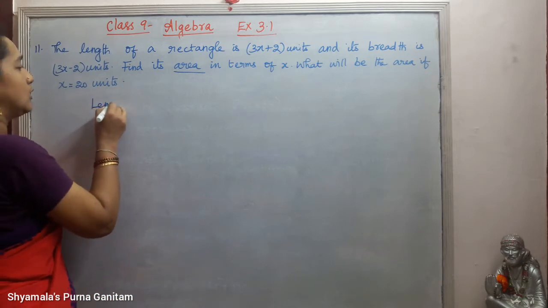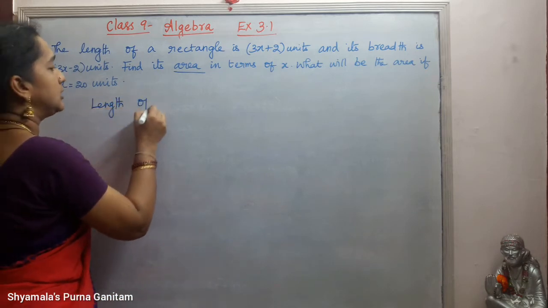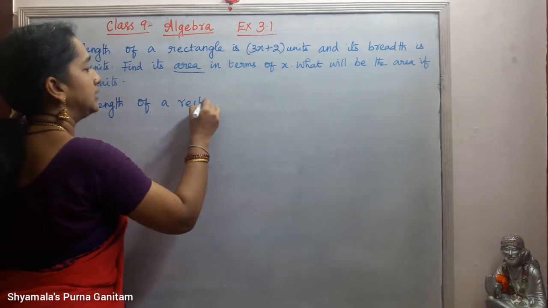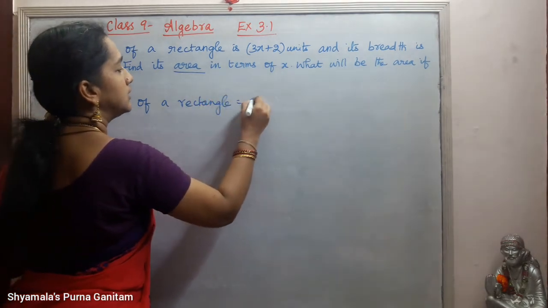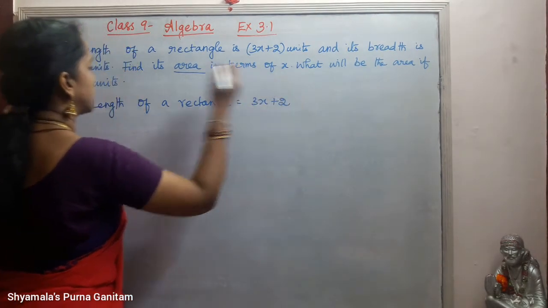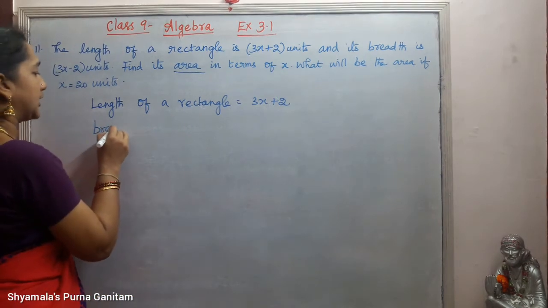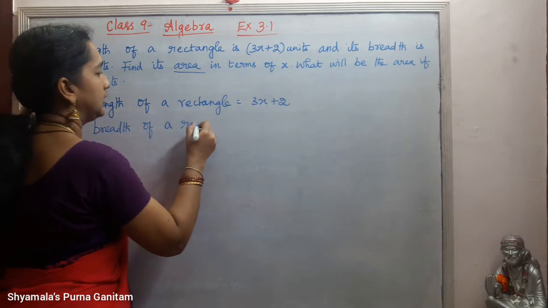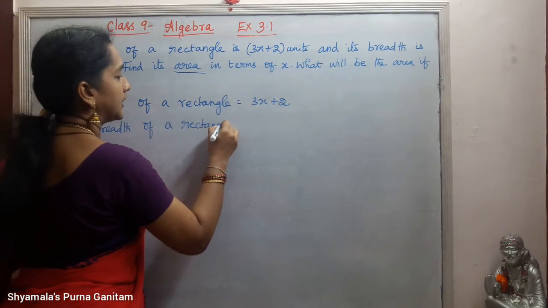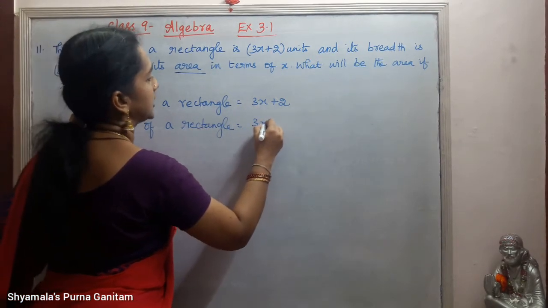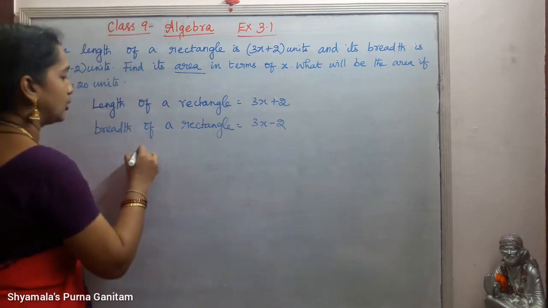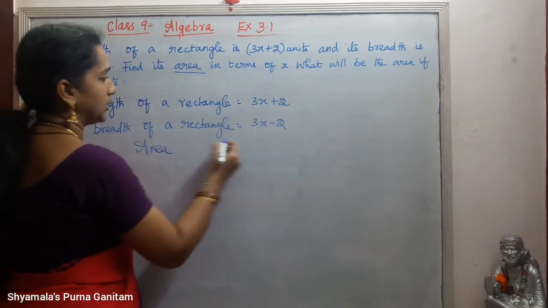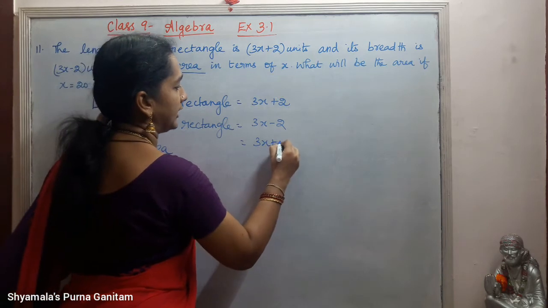So length of a rectangle is equal to 3x plus 2 units and breadth of a rectangle is equal to 3x minus 2 units. So the area is equal to length into breadth.